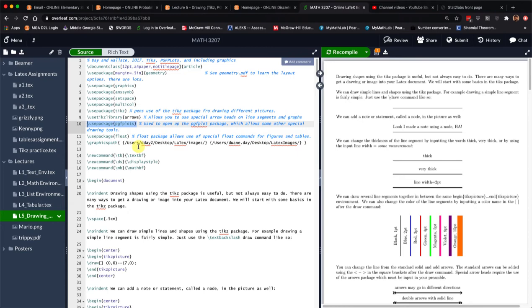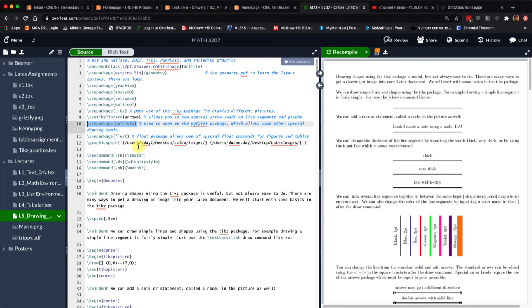One important thing about this package, these drawing environments, is that you can also import images that are already PNG, JPEG, or PDF files into your document. We'll do that later.